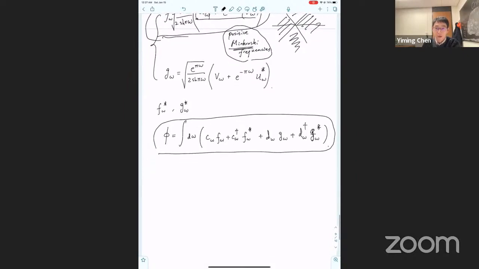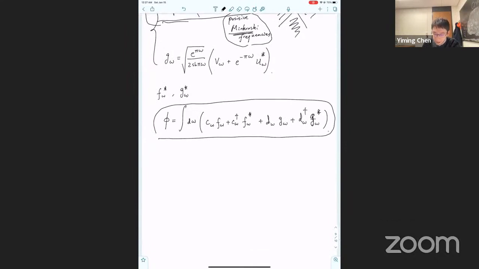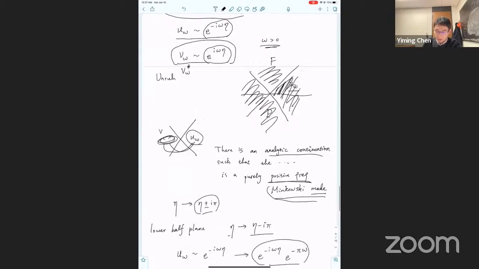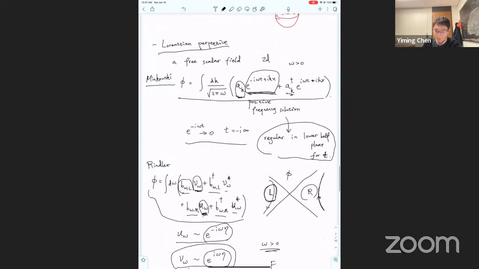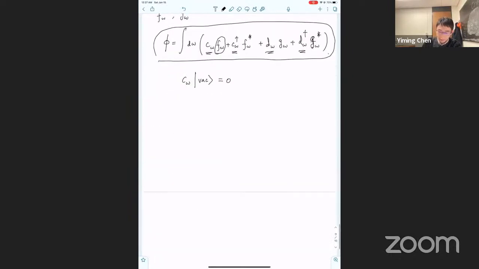The nice thing about this mode expansion is that we know some nice properties of these annihilation and creation operators. Because this mode function only involves positive Minkowski frequencies, we know that if we act this C omega operator on the Minkowski vacuum, we get 0, okay? So just like how the original annihilation operator annihilates the Minkowski vacuum, C omega acting on the vacuum is also 0.